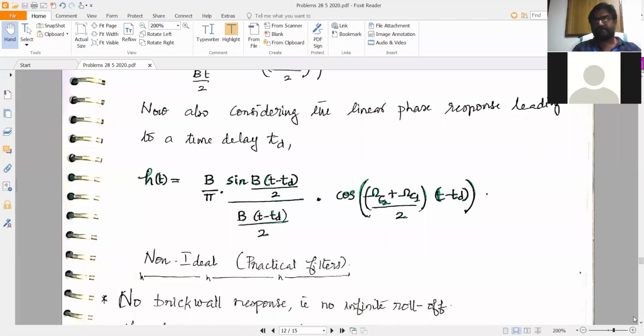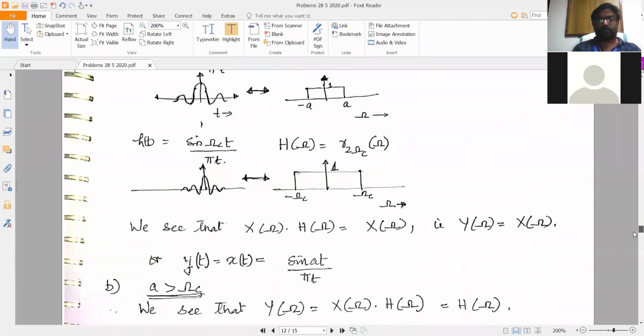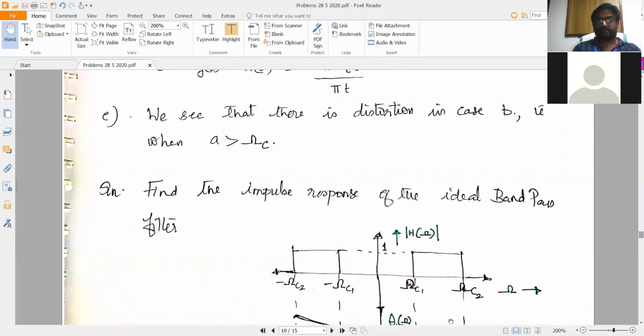Why we call this a brick wall response is because you can assume that you have a brick wall constructed here, and here also you have a wall. So these are brick wall responses. Okay, so these are ideal filters. For ideal filters, you have what is known as the absolute bandwidth.